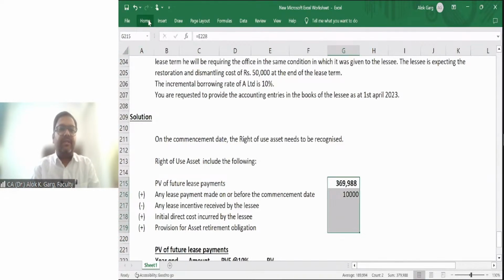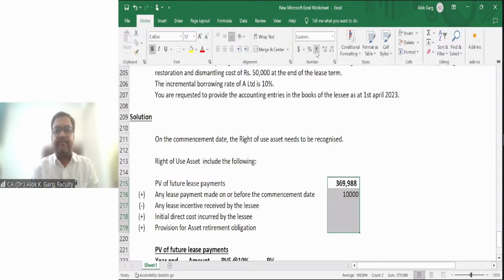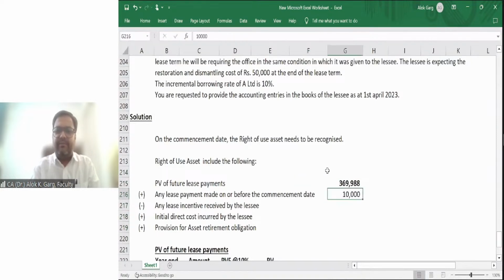I believe this is quite simple. Any lease incentive received by the lessee. This is not given in this question.